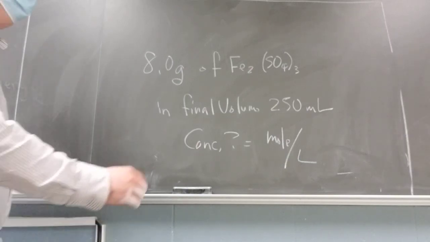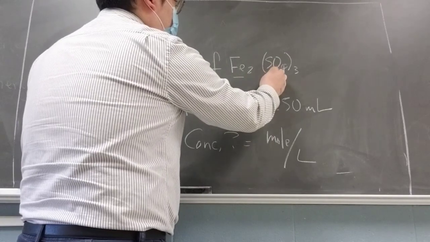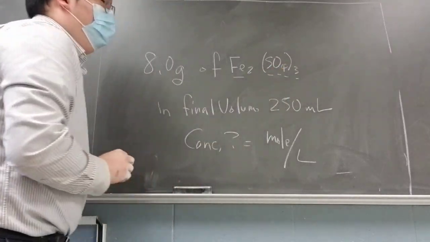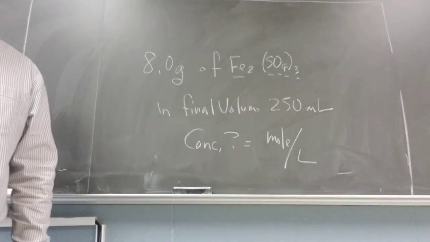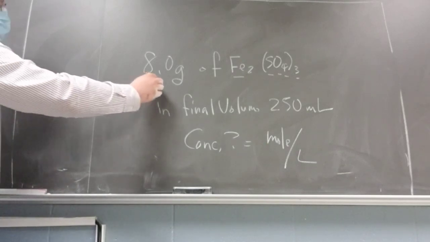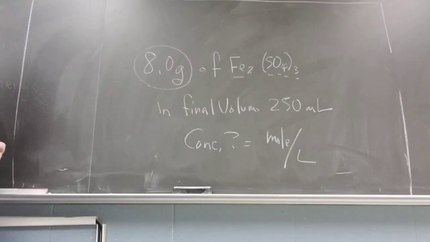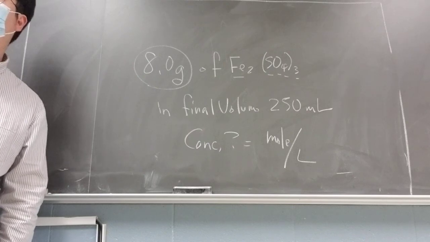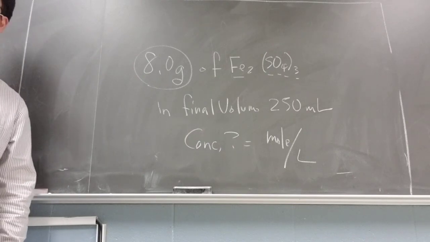For this one, you need to look at the atomic masses on the periodic table and multiply them all to get the formula weight. Then you have the actual mass, and you divide that actual mass by your formula weight, and that will get you the number of moles.